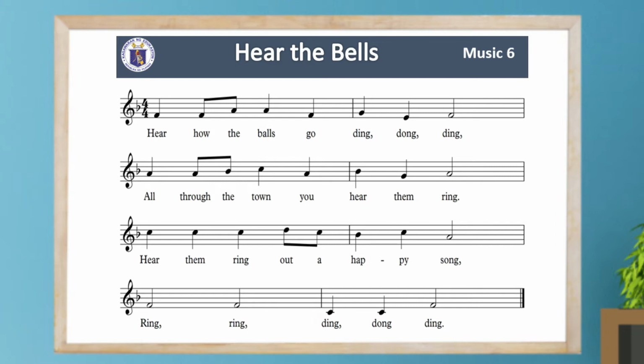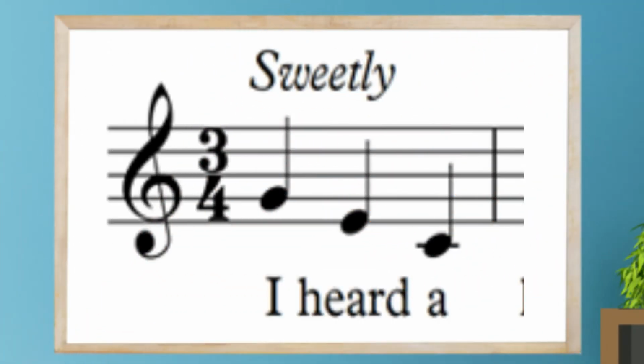Yes, time signatures are written before the first note of the song in the staff. How are they written in the staff? Very good. The number above is written on the 3rd to 5th line of the staff, while the number below is written on the 1st to 3rd line of the staff.